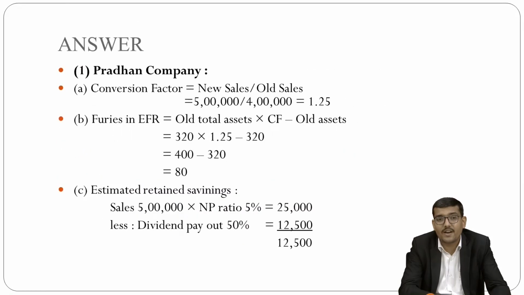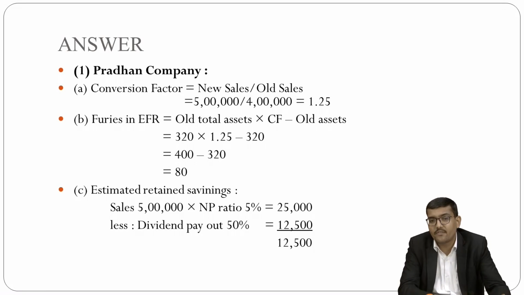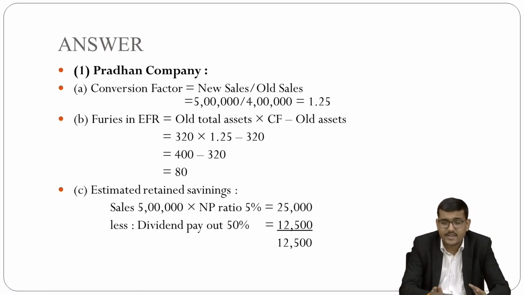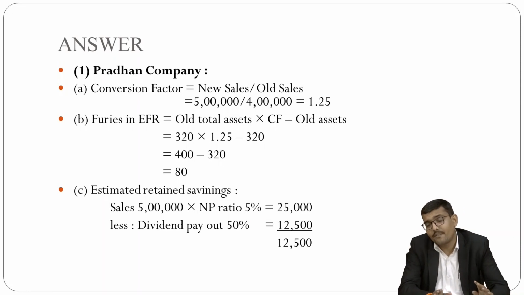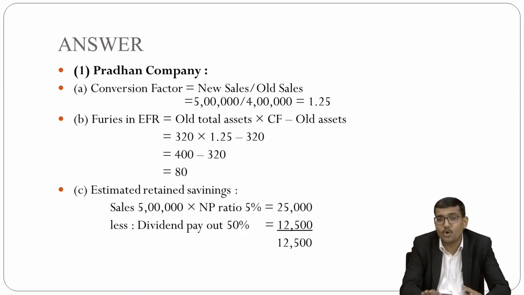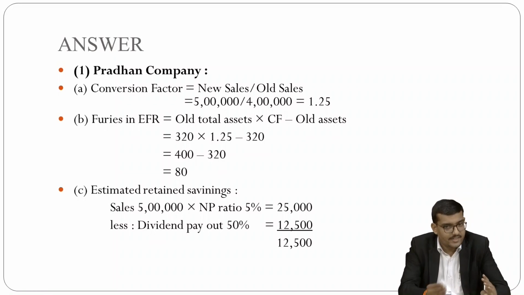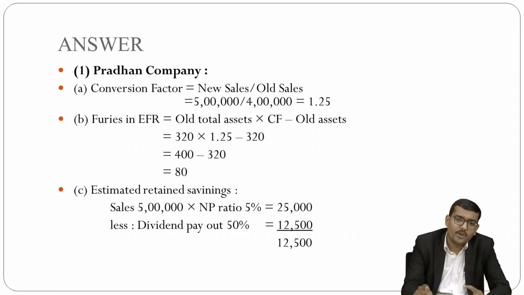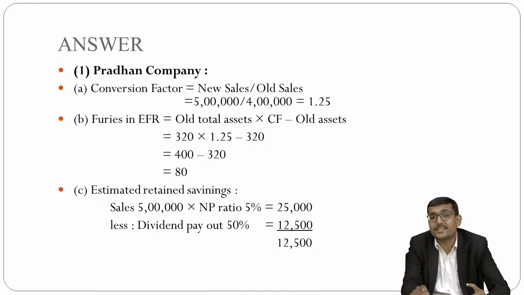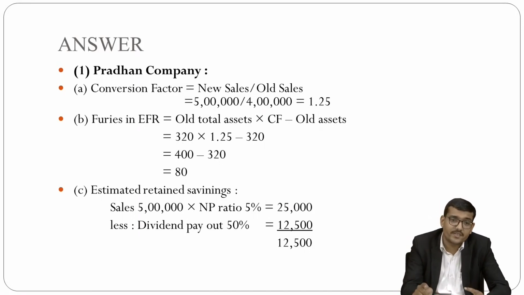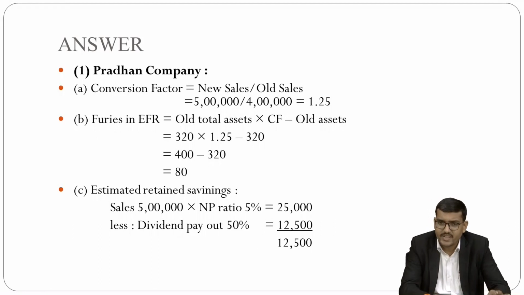So we justify it with the EFR: old total assets, that is 320,000, multiplied by the conversion factor, minus old assets, that is 320,000. So 320 into 1.25 minus 320, the difference is rupees 80, that is 80,000.